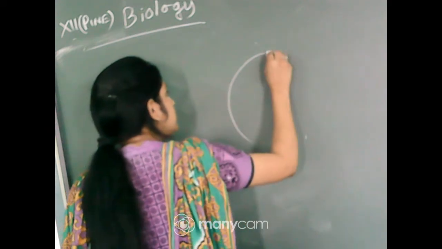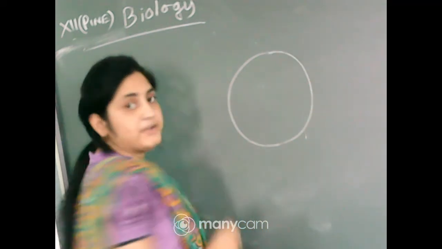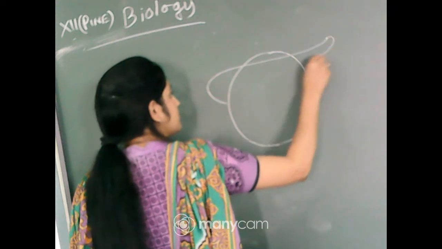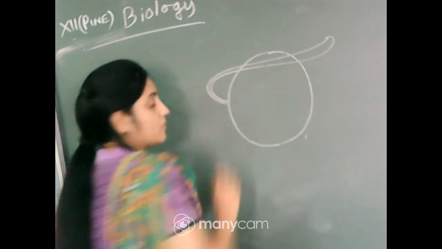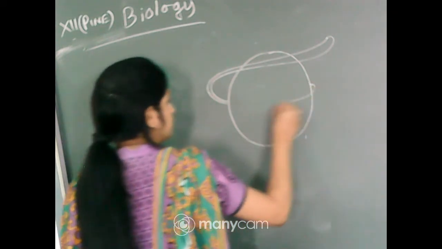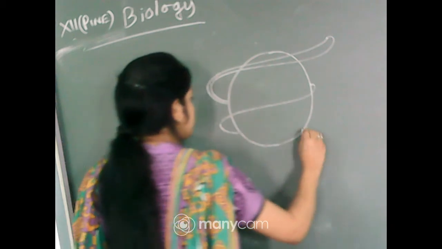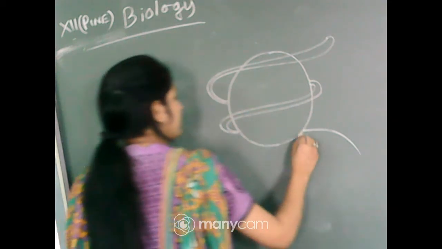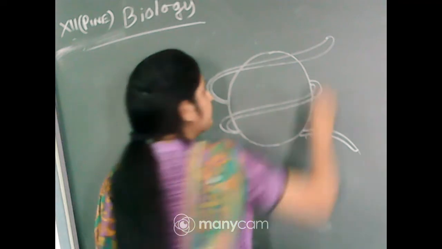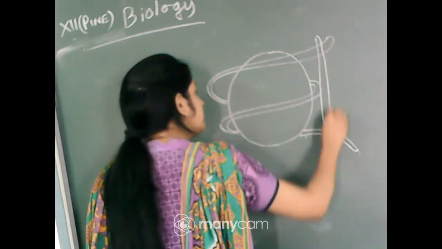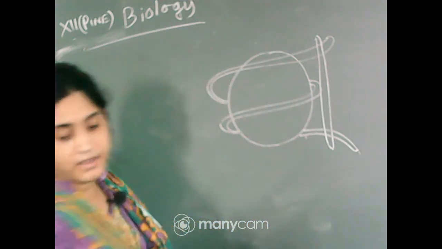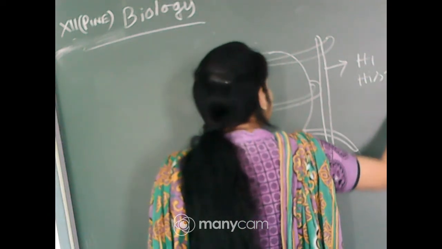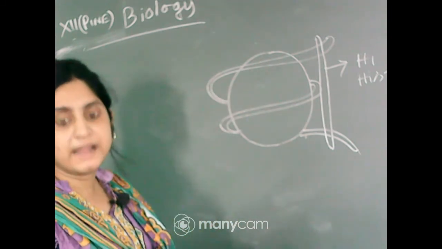This round structure is the histone octamer and the DNA is just coiled around it. Histones form an 8-molecule structure, that is called the histone octamer.